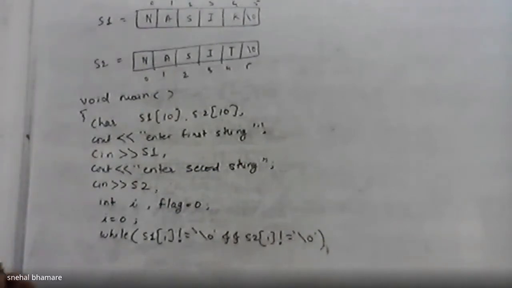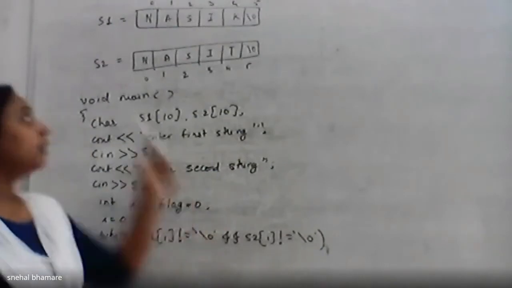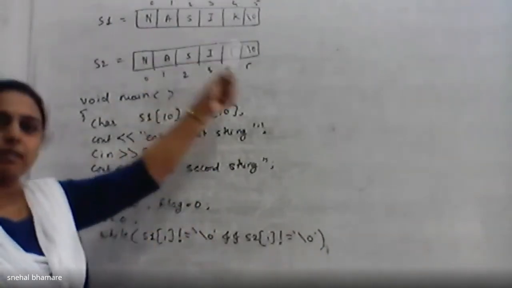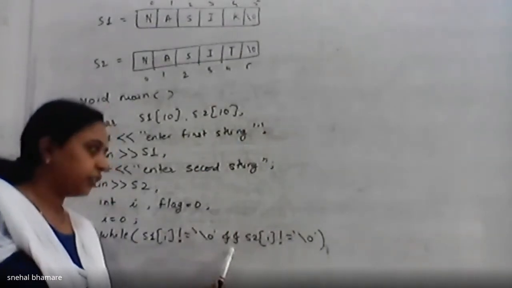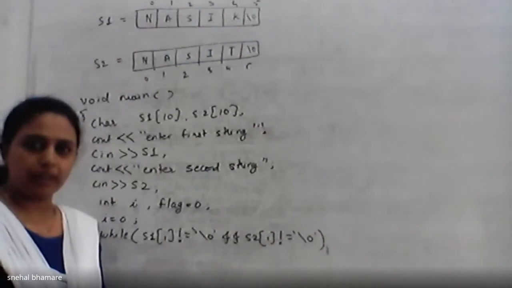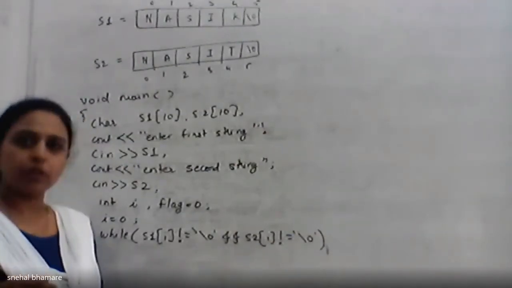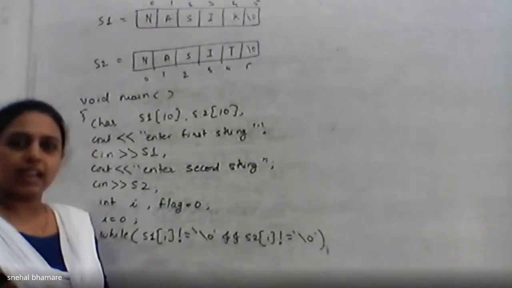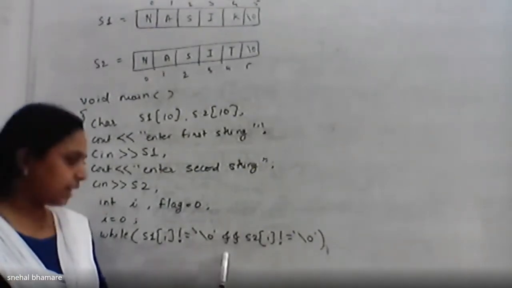Why have I written these two conditions? Because the two strings may be of the same length or of different length. That's why the and condition. If they are of different length, then this while loop is going to get terminated. Then we can say that they are not equal because the lengths are not equal. Hence the and condition over here.